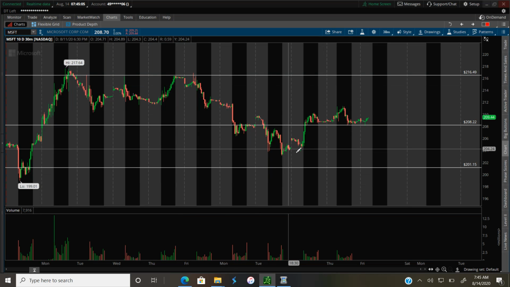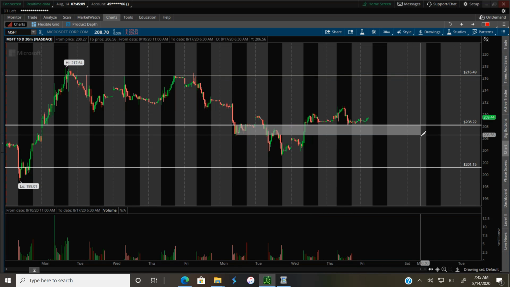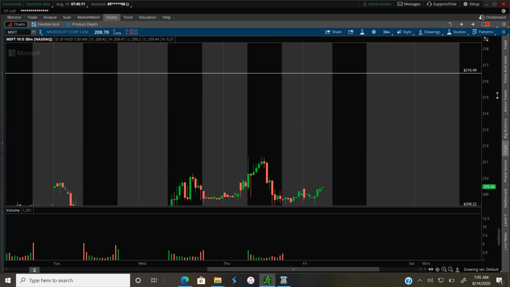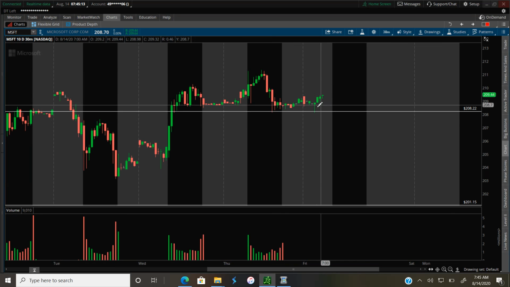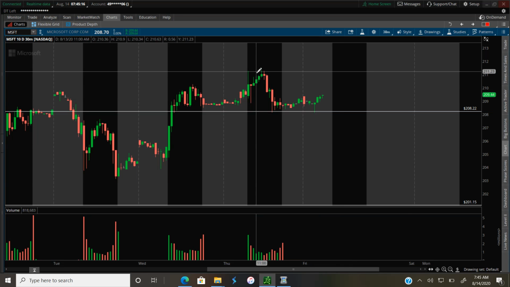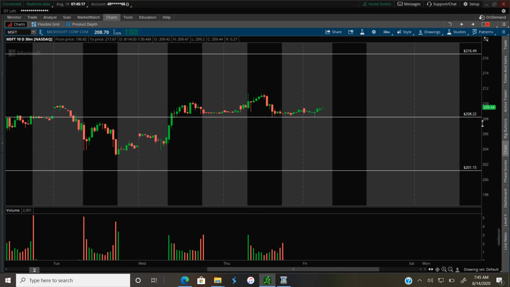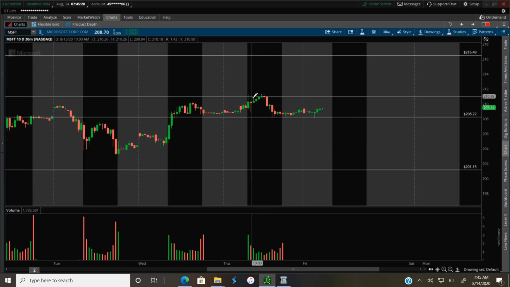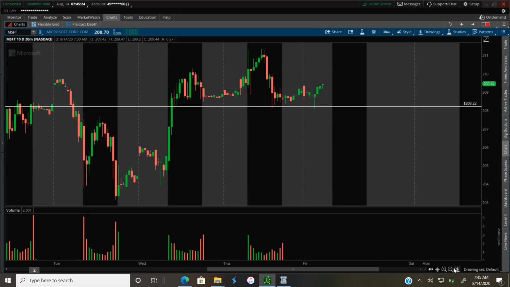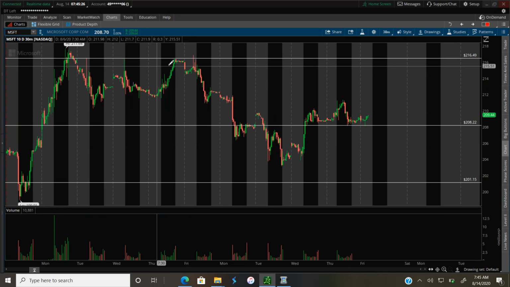So it just works its way back down. Here it's trying to work back up. See that? So in order for this to work, we'll need to make a higher high past this and then head our way up here like we did before over here.